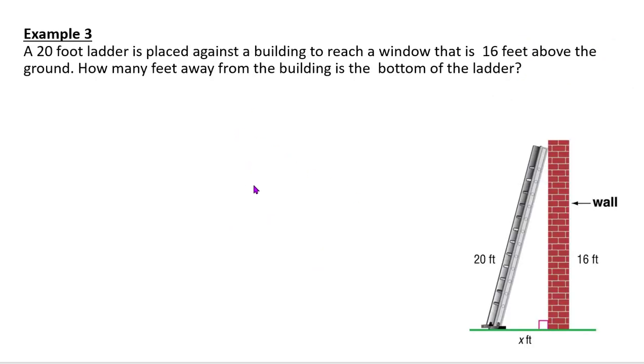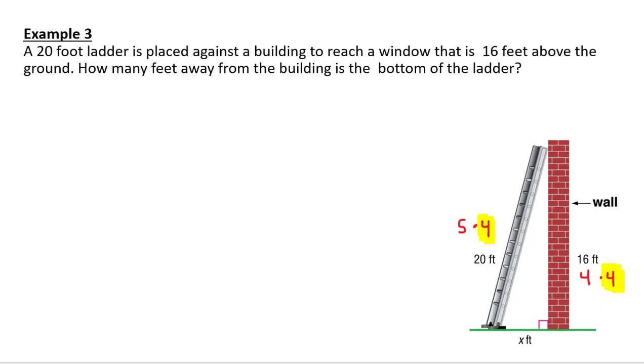Okay, example 3. A 20-foot ladder is placed against a building to reach a window that is 16 feet above the ground. How many feet from the building is the bottom of the ladder? Okay, 20 is 5 times 4. 16 is 4 times 4. So I notice how I have 2 common numbers.